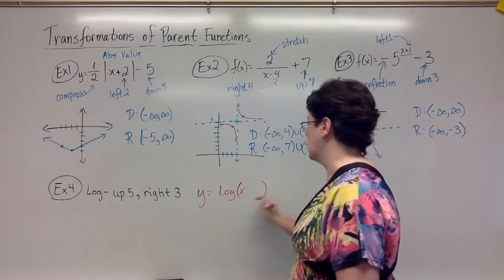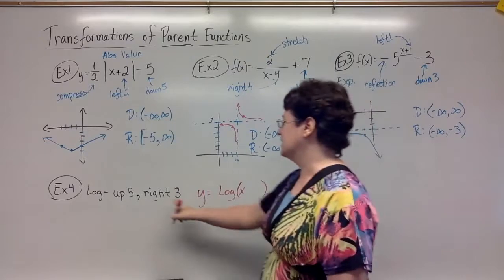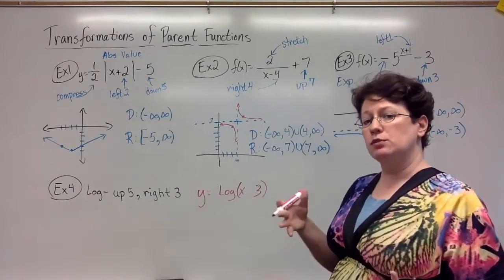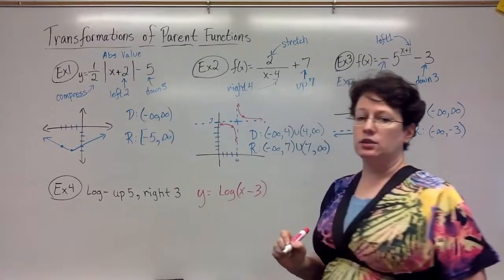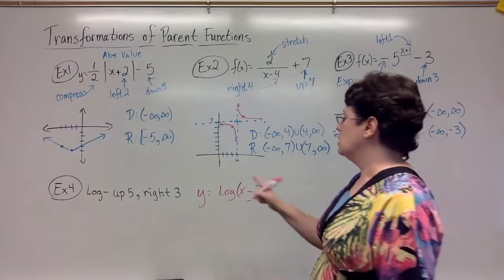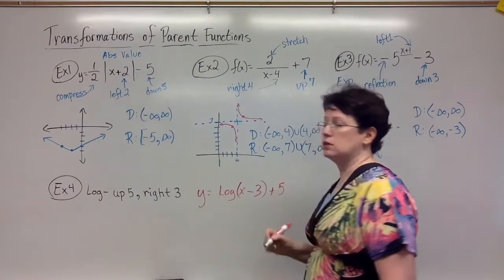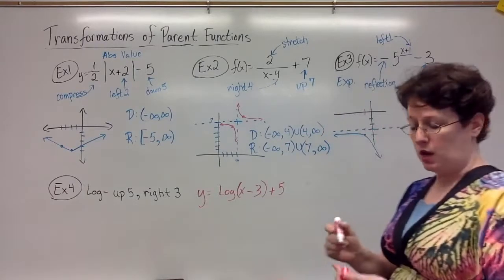What goes inside with the x? Is it going to be the 3 or the 5? Yeah, left and right goes inside, which is the 3. Now, is he adding or subtracting? Remember, the guy on the inside, your spy, he's going to lie to you. So we're going to get a negative, which means my 5 is outside, and he's going to do exactly what he told us he's going to do. So he's going to do the 5, okay?